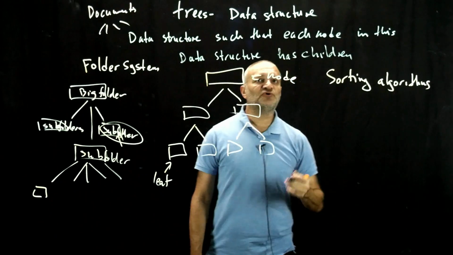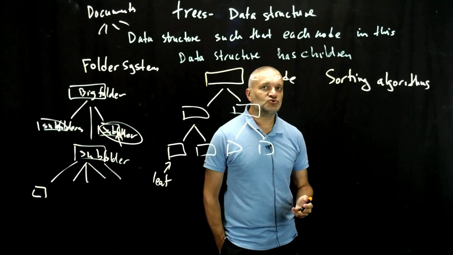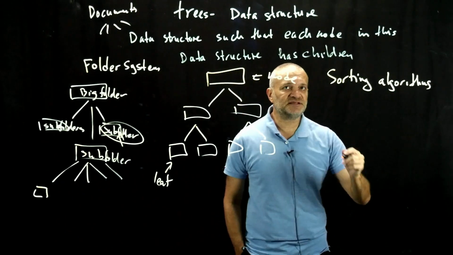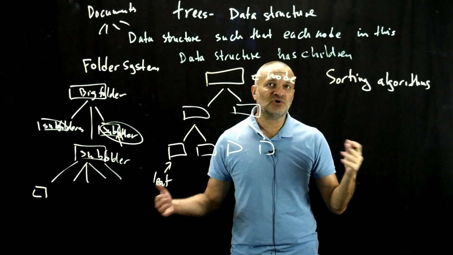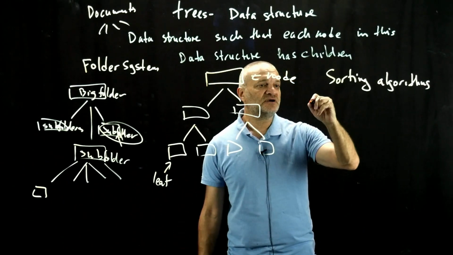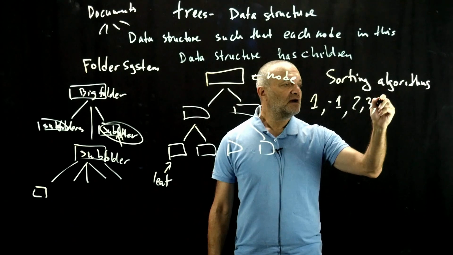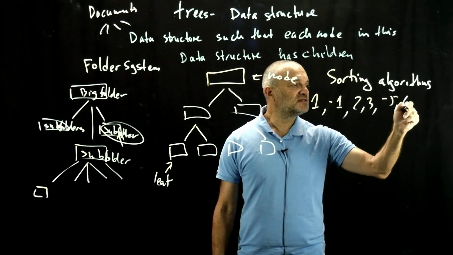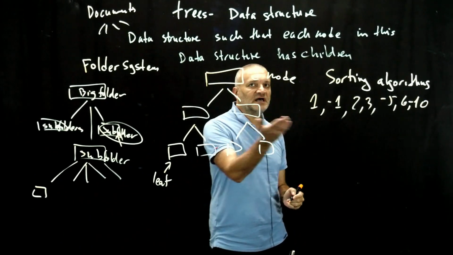I'm not going to formally define how the sorting algorithm works, I'm just going to show how it works. Let's say you have a sequence of numbers, or letters, or names, or whatever. Let's say you have 1, -1, 2, 3, -5, 6, and -10. And now you want to sort it.